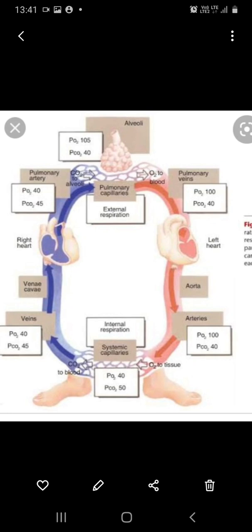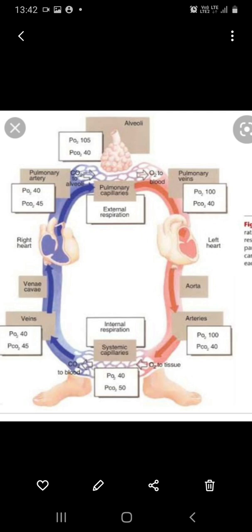To calculate the partial pressure of oxygen, P(oxygen) is equal to 760 mm of mercury into 0.21, because we know that the amount of oxygen is 21%, which means 21 divided by 100, because percent is always out of 100.